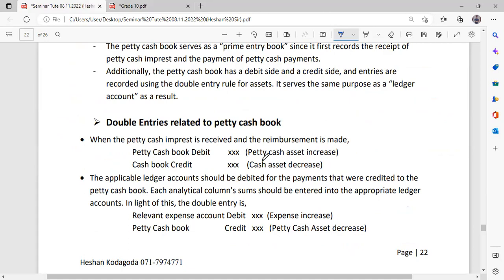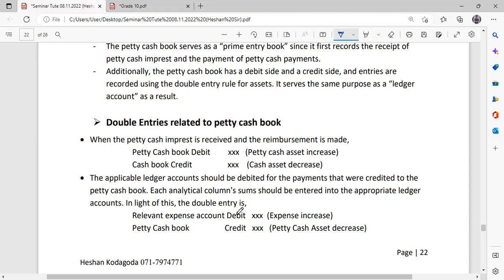Petty cash book debit, petty cash asset increase; cash book credit, cash asset decrease, right? The applicable ledger account should be debited for the payments that were credited to the petty cash book. Each analysis column sum should be entered into the appropriate ledger account.